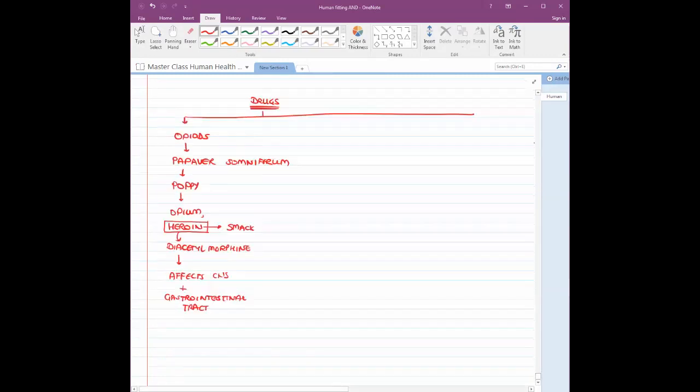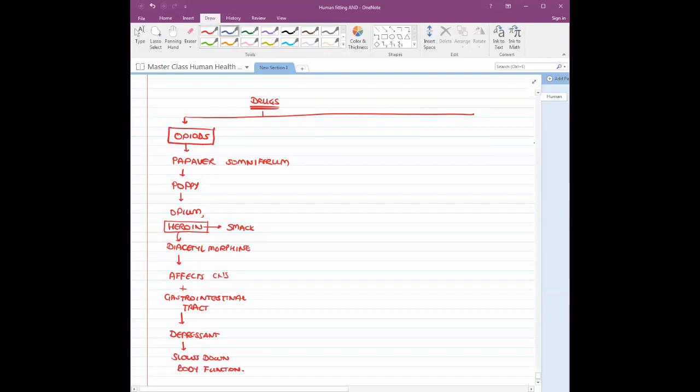And it acts as a depressant. When I say it acts as a depressant, it slows down your entire body function. So this is what is going to happen with your opioids. Okay, so this is one class.